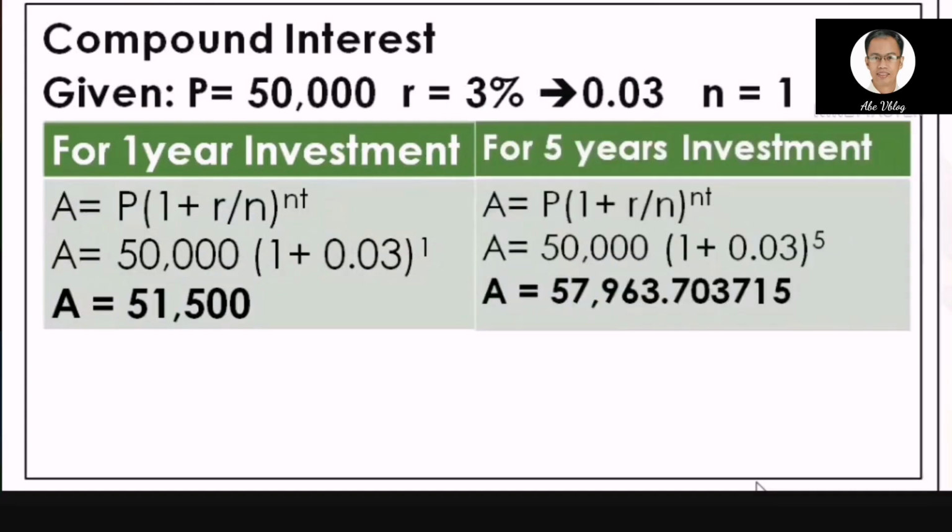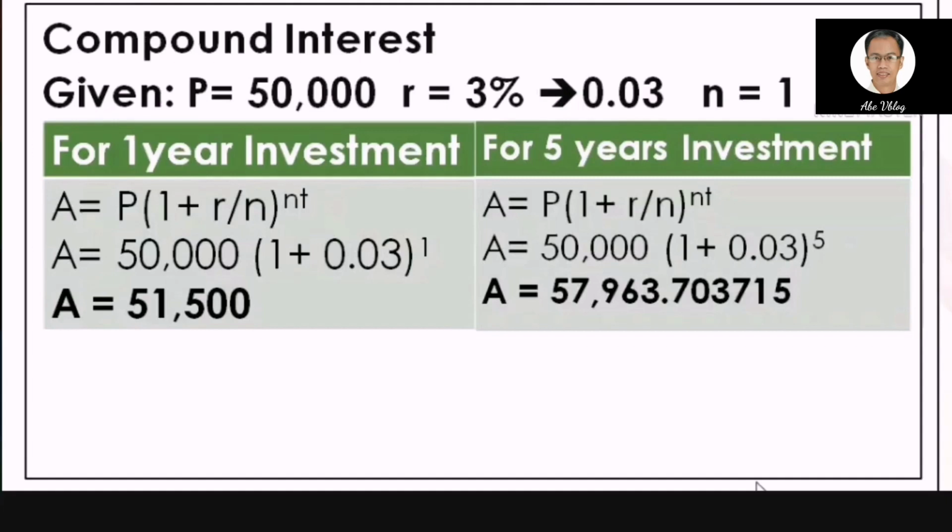Now let's have the 5 years investment. The same formula as the 1 year investment. However, of course, the value would be different. So 50,000 times (1 plus 0.03) raised to the power of 5.